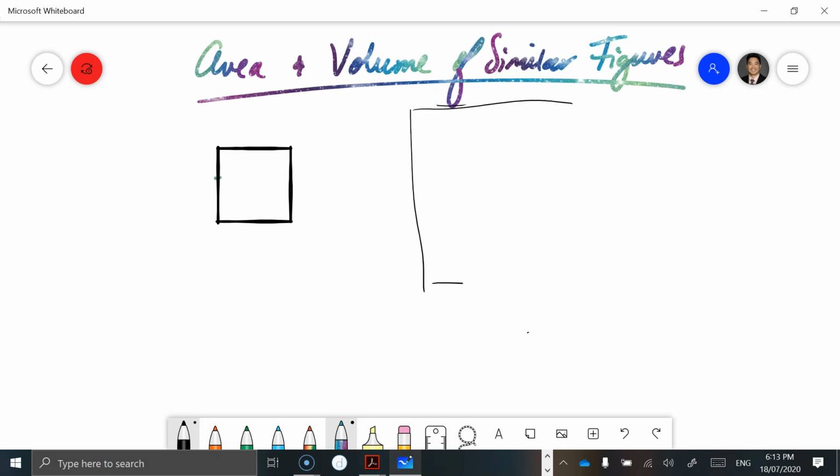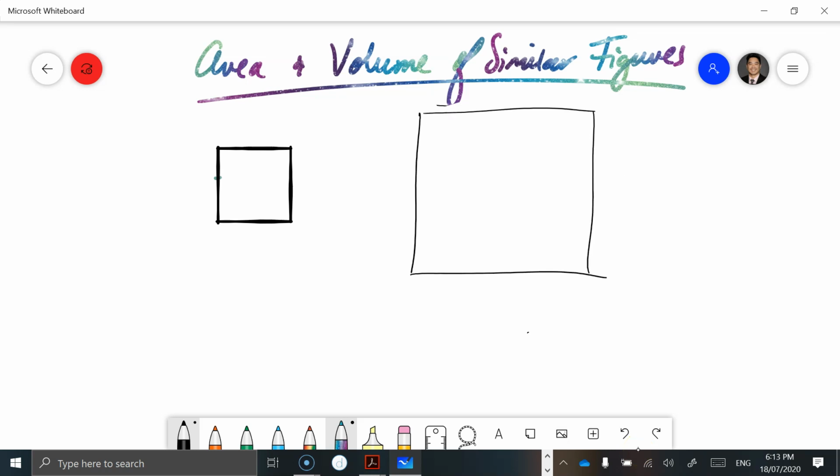We'll say the length of this square is 2, and the length of this one is 6.